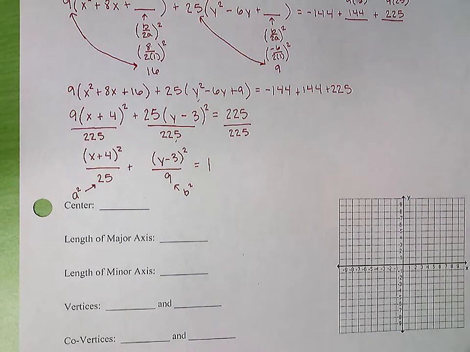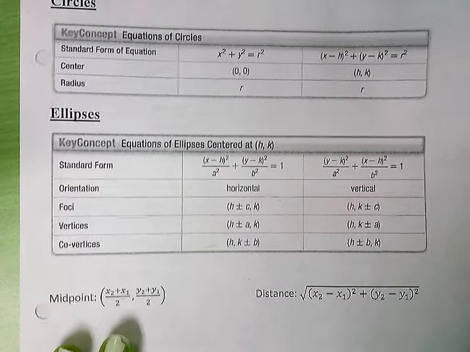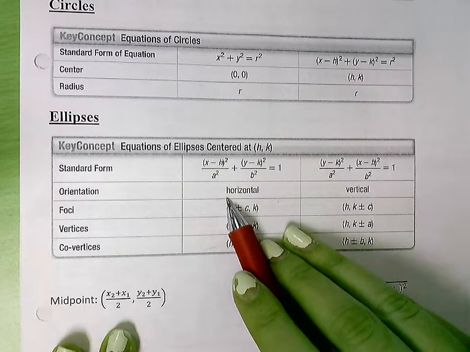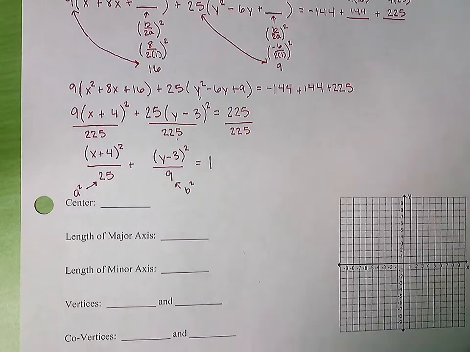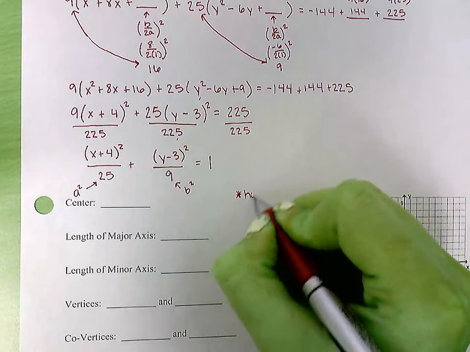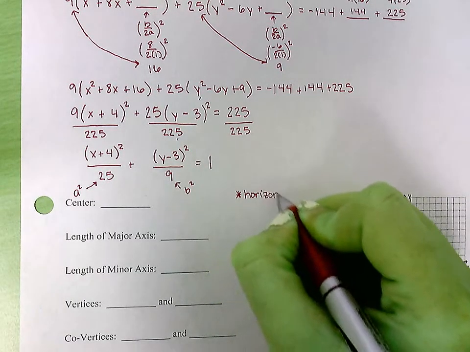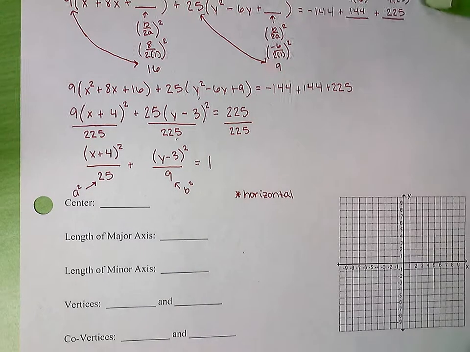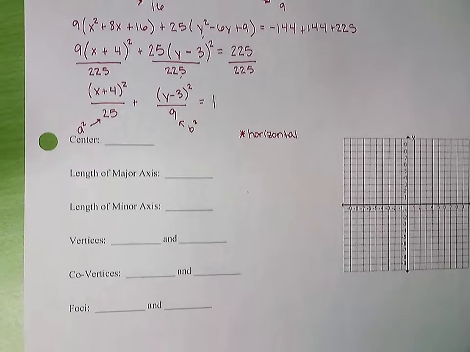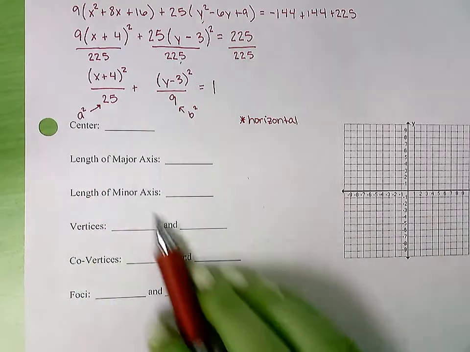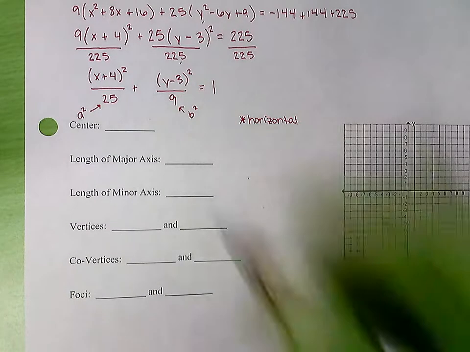If I look at my ellipse table, if a squared is underneath that x, this would be horizontal. So this is a horizontal ellipse. And next I can find my center and the rest of this here.